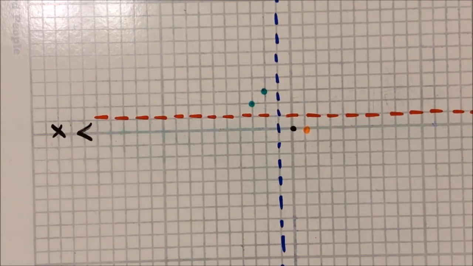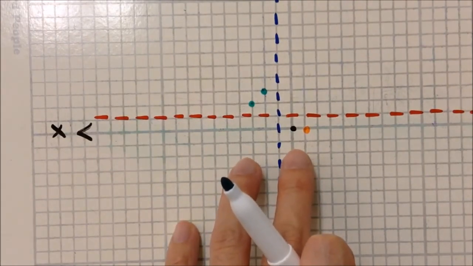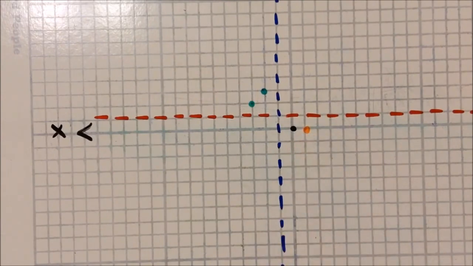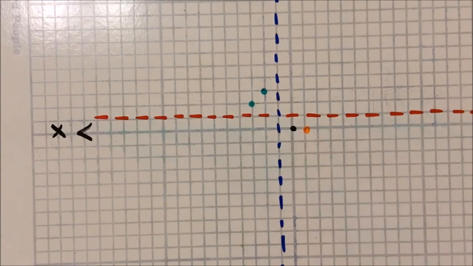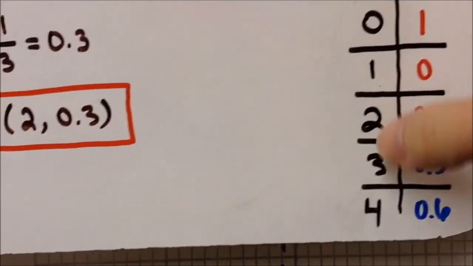Now, right here we have the x-intercept, and then we're also going to have a hole at 2, 0.3. So I'm not going to draw that yet. Now, we're going to do 3, 0.5.